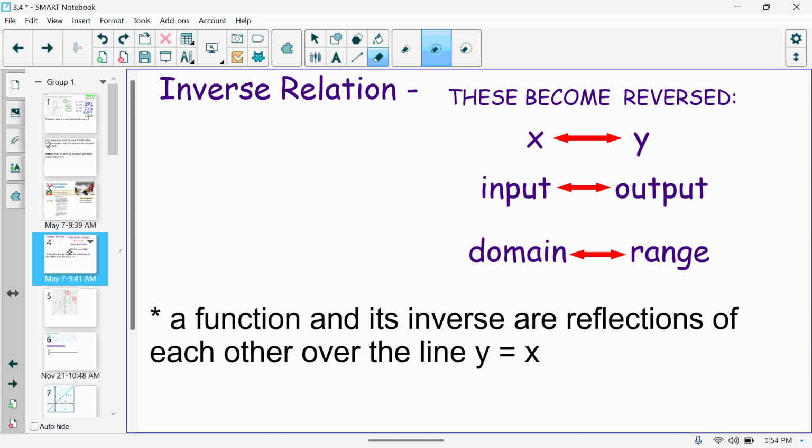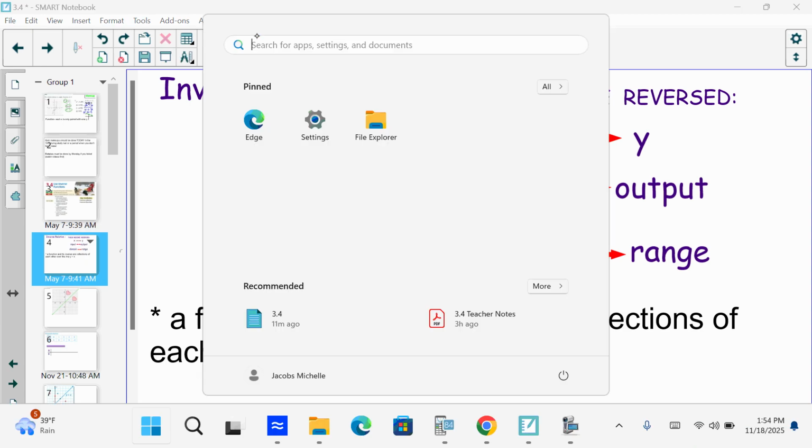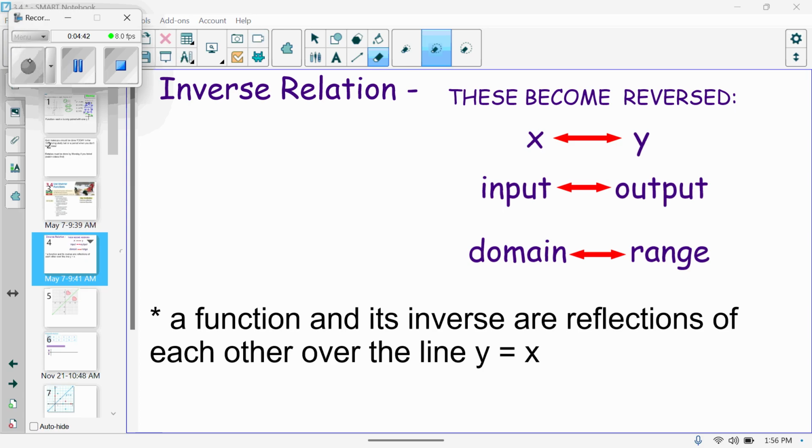You're also going to want to write down the note at the bottom of the slide here. When you graph a function and its inverse, they're going to be reflections of each other over the line y equals x. I will show you what that means in a picture in a second. You just need to get it written down for right now.